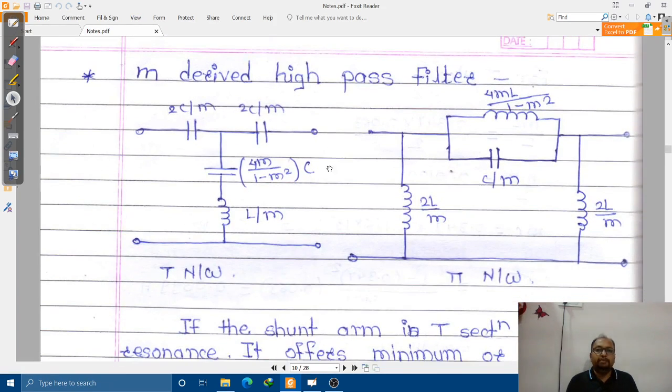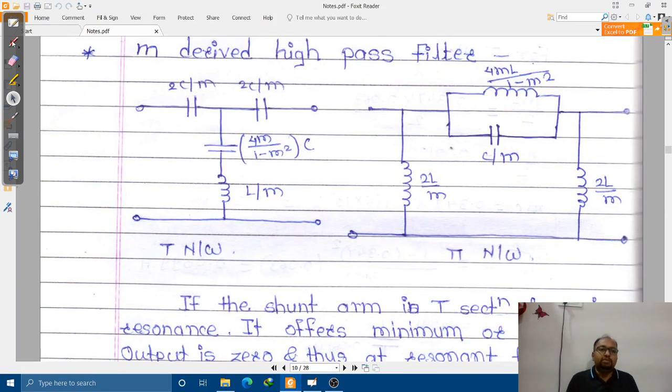Now let us go for M-derived high pass filter. Remember that wherever there is a capacitor, we replace it by inductor, and wherever there is an inductor, we replace it by capacitor, vice versa, right? In the previous case of the low pass filter, it had an inductor over here, but now we have changed it to capacitor, and because of that 2C divided by M is over here.